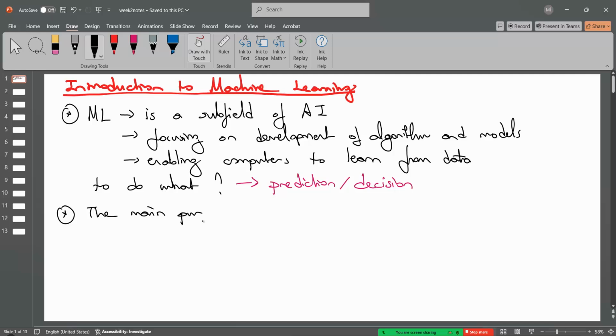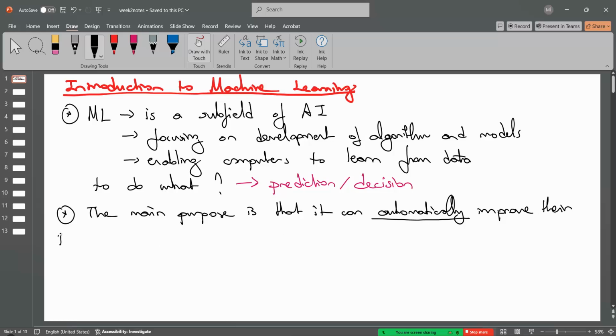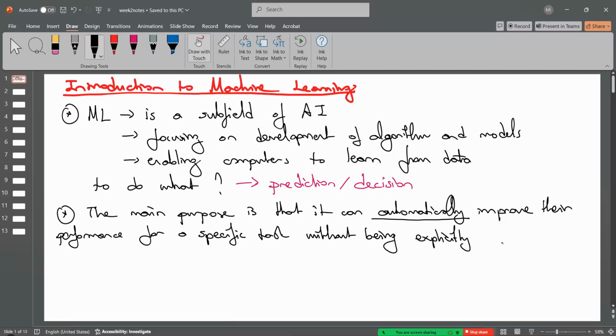The main purpose of machine learning is that it can automatically, this is important, automatically improve its performance for a specific task without being explicitly programmed.